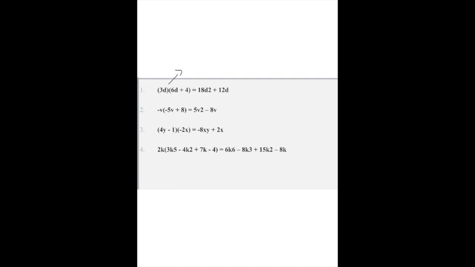All right, so what happens when you take 3d and multiply times 6d plus 4? Again, you have to distribute, and 3d has to be distributed to each of the numbers. So if we take 3 times 6, that will give us 18. d times d is the same as saying d to the 1 plus 1.